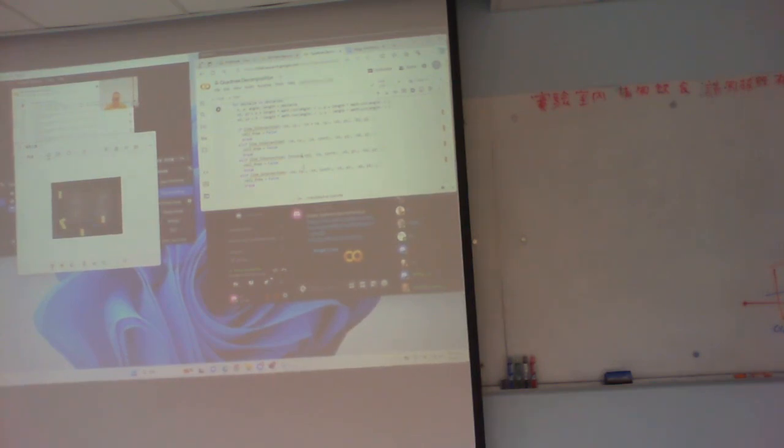CX plus C width, CX plus C width, and CX. CY plus CH, CY plus CH.